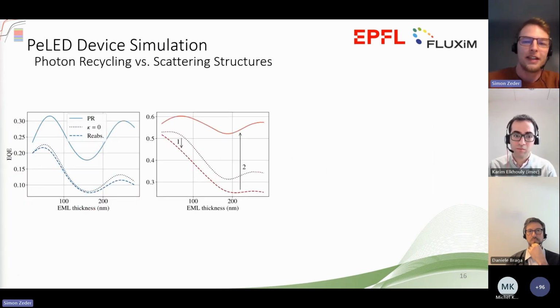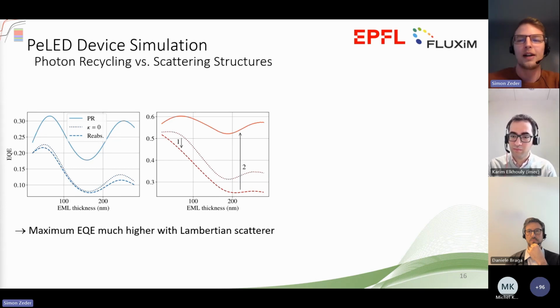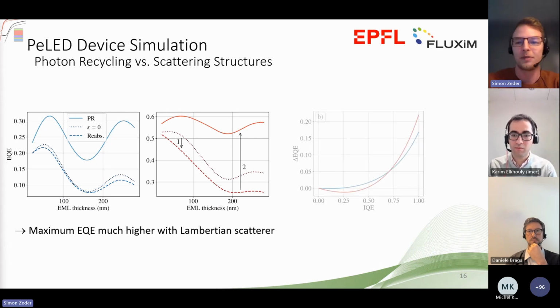Indeed, when comparing the EQEs, again, for the 3 different cases of fully transparent emitter, reabsorbing emitter, and photon recycling, you can see the same trend for both flat, here in blue, and rough glass, here in red. Now, clearly, the EQE for rough glass is already strongly enhanced in general, while an interesting effect can be observed when considering the EQE enhancement between the assumption of a transparent emitter, so no reabsorption in the perovskite, and the full photon recycling case versus the IQE of the perovskite.